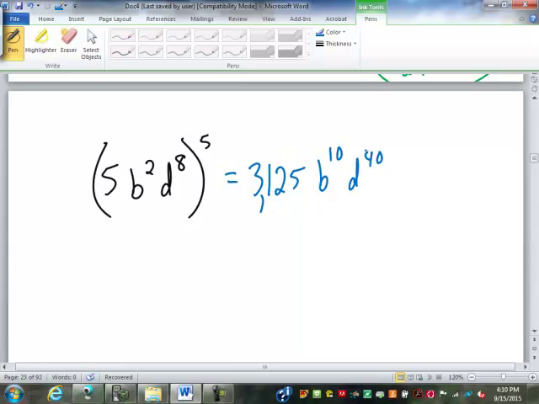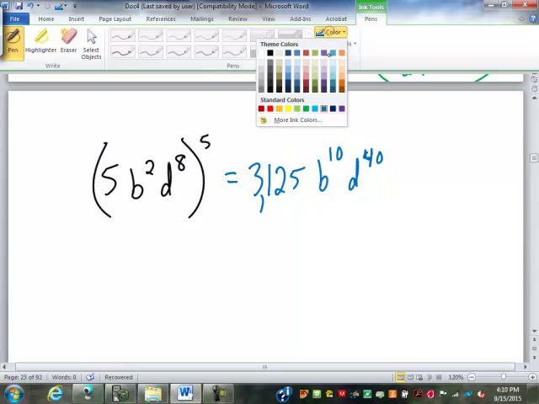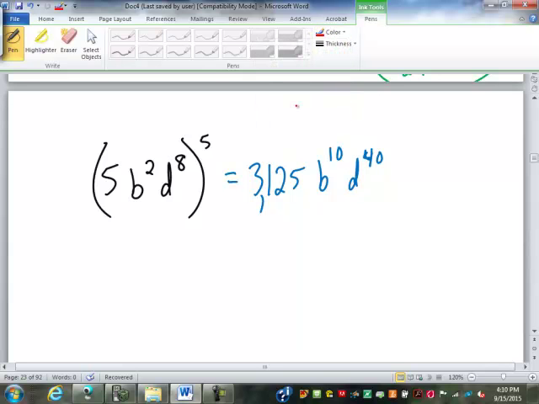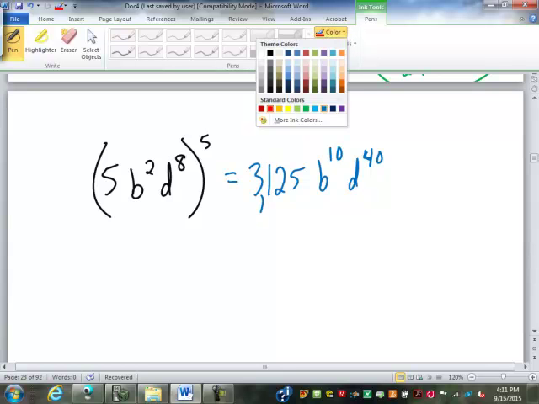Good. 8 times 5 is 40. How many of you had that one right? Okay. How many are really confused and need to see more examples? Okay. Let's do another one or two.